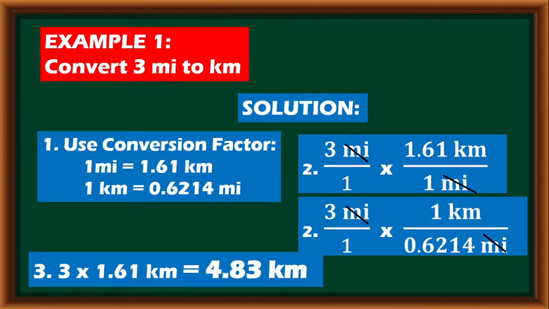Or kahit gamitin mo itong second na solution natin, 3 divided by 0.6214, ang lalabas dyan ay 4.83 kilometers. As much as possible, you always round off your answer to the nearest hundreds. Okay? To the nearest hundreds.